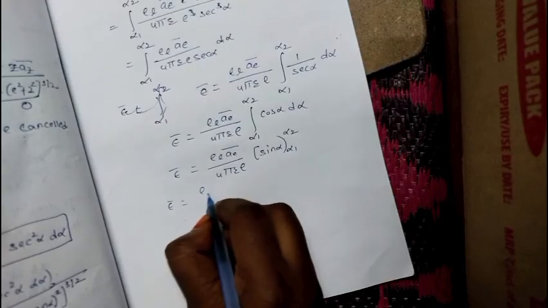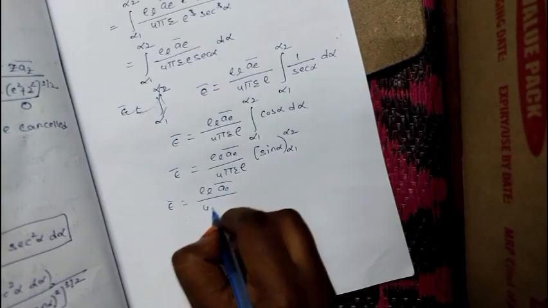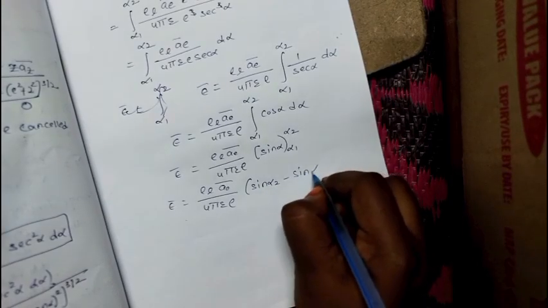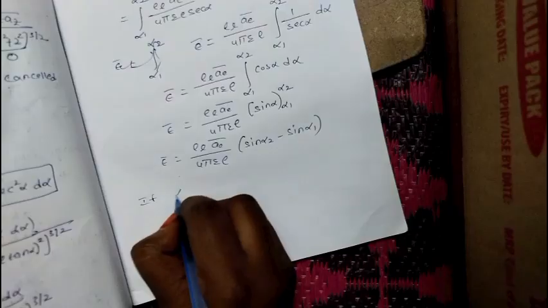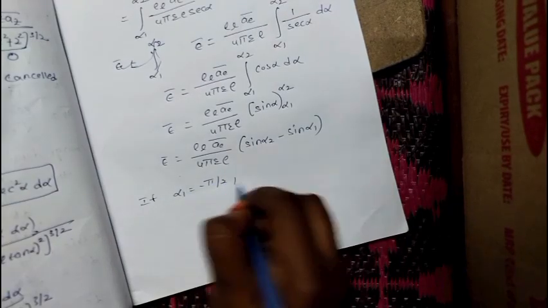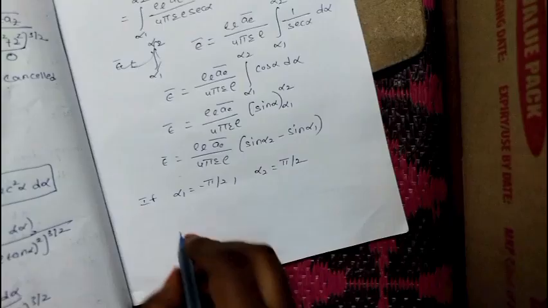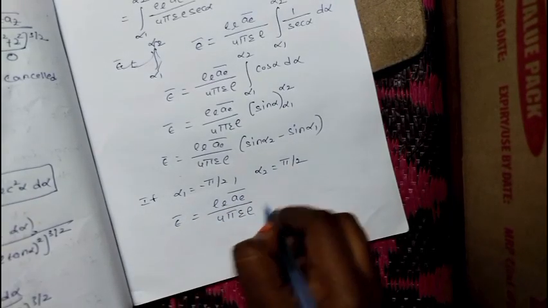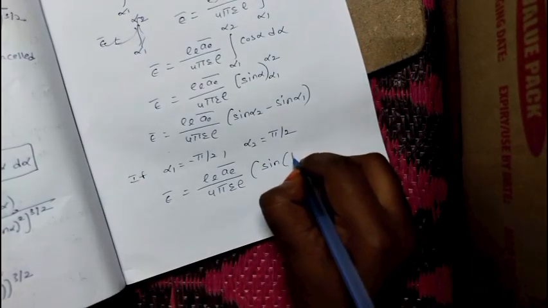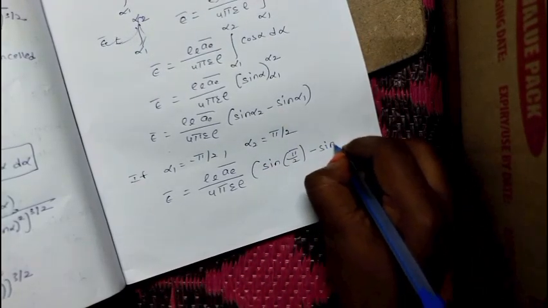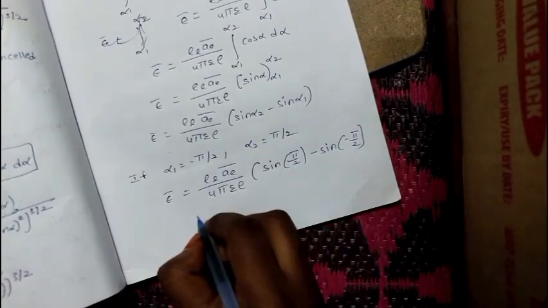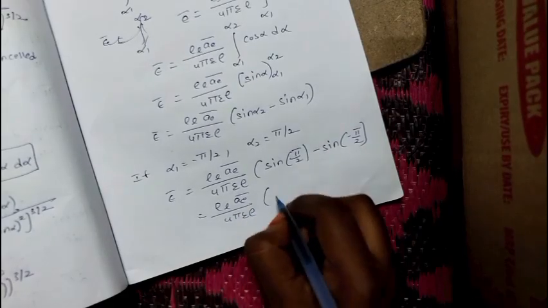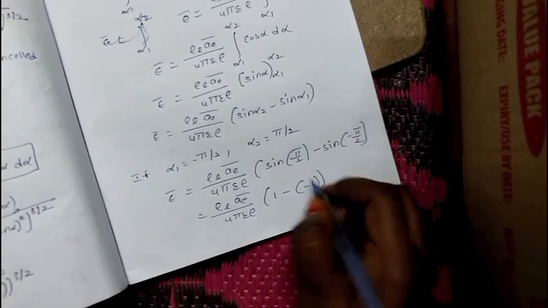We have to distribute this: rho L a rho bar by 4 pi epsilon rho, sin alpha 2 minus sin alpha 1. If we substitute alpha 1 equal to minus pi by 2 and alpha 2 equal to pi by 2, E bar is equal to rho L a rho bar by 4 pi epsilon rho, sin pi by 2 minus sin minus pi by 2. Sin pi by 2 is 1, sin minus pi by 2 is minus 1.